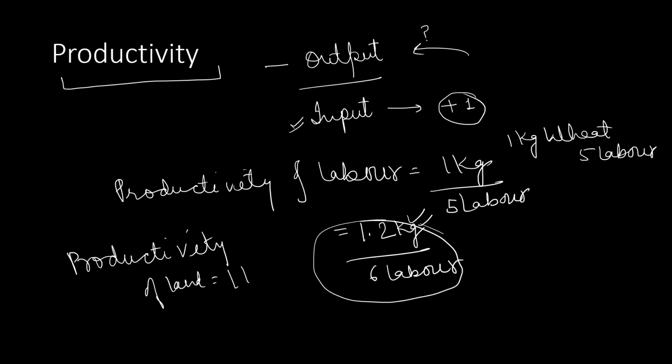We can say that 1 ton is produced over 1 acre of land. So this is the productivity of 1 acre of land. We can check the productivity of any input. It can be labor, it can be land, it can be some entrepreneur, what is their capability or work on some part of land.